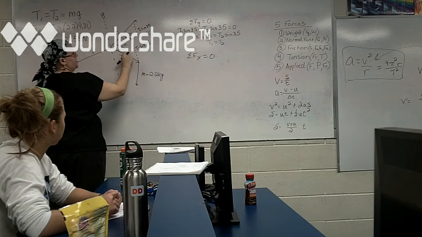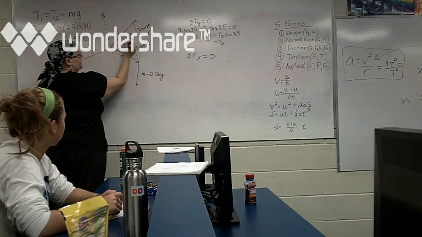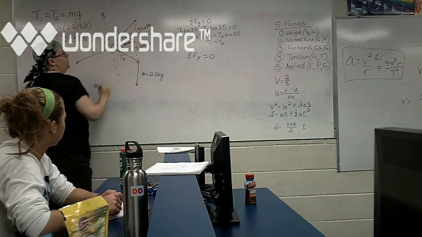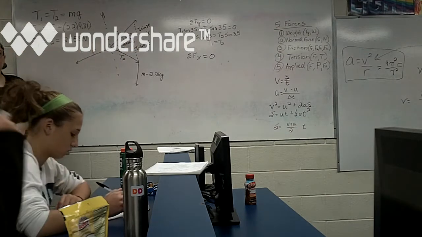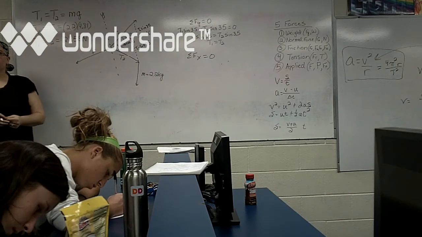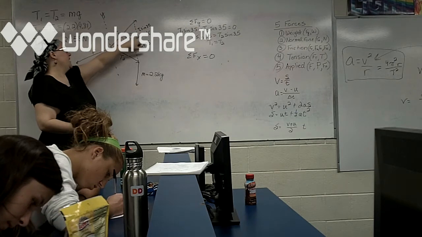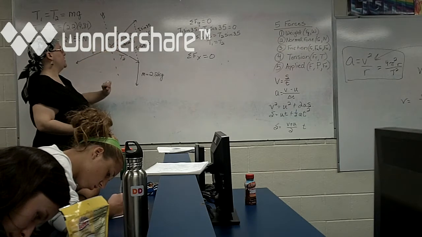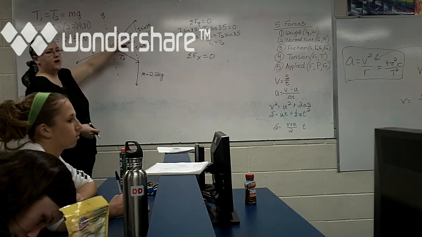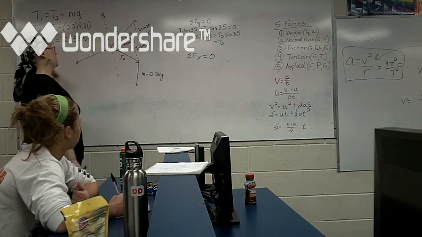And for this one over here, it would have been T2 cosine of 35, because you have two triangles, so you would have had to get the horizontal for each one of those. So T1 cosine of 35 would be this side, and T2 cosine of 35 would be that side. Of course, we know T1 and T2 are equal, and we also have that value.